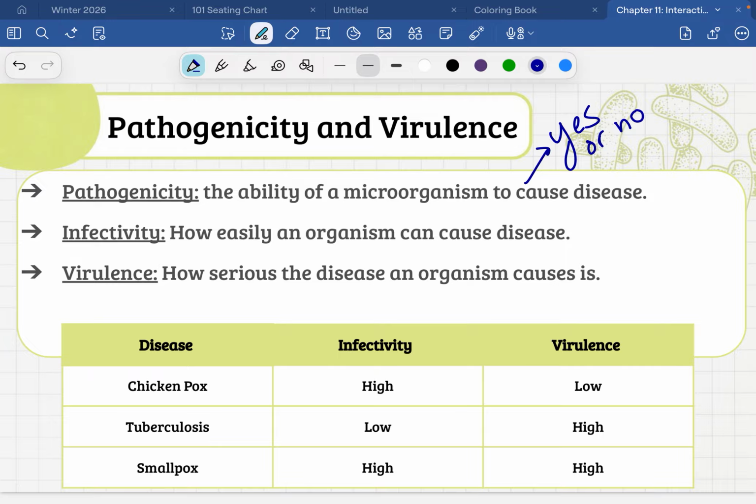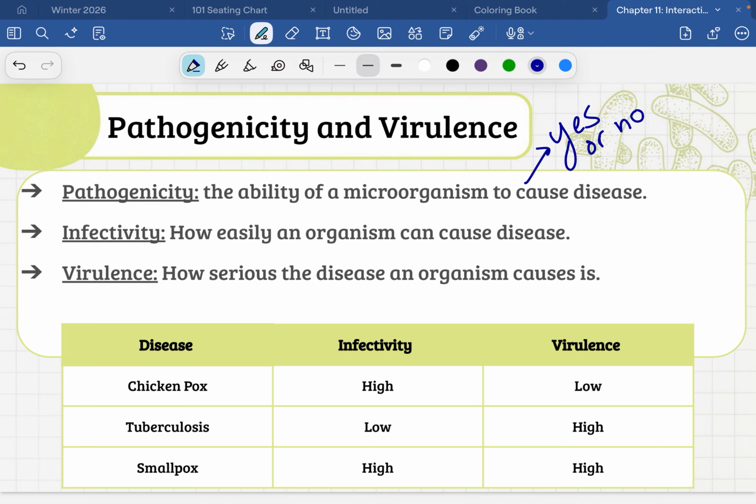Chicken pox tears through families, schools, anywhere where kids are near each other. It's highly infective. Another word that we use for infective, kind of colloquially, is contagious. It's highly contagious. That chicken pox is going to spread from person to person incredibly easily.